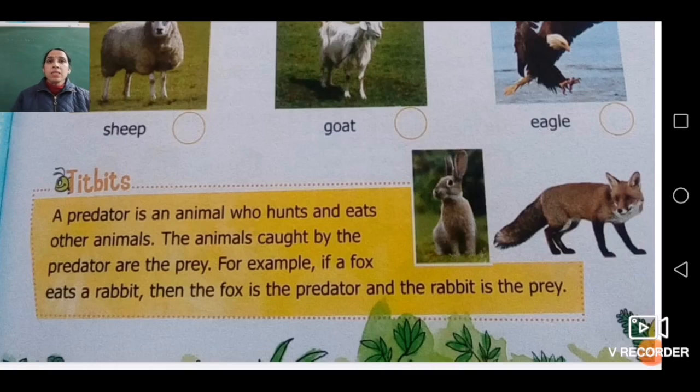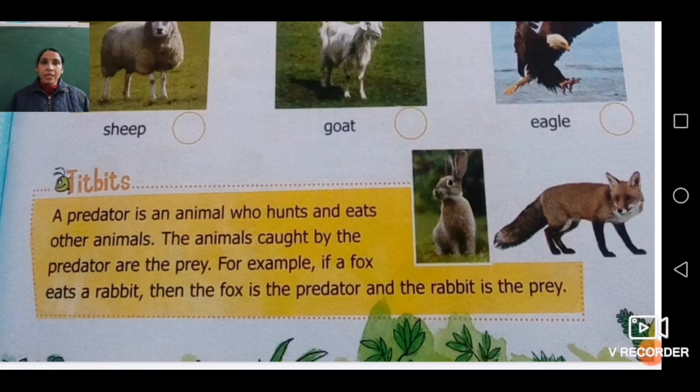That is, who hunts and eats. Those who hunt their food, hunt means finding their food and killing them and then eating them. So that is known as predator and prey. So you all will remember predator and prey. I hope that is clear to you all.